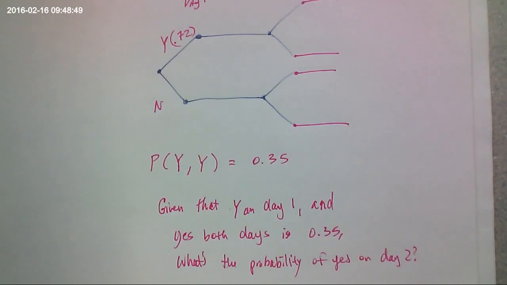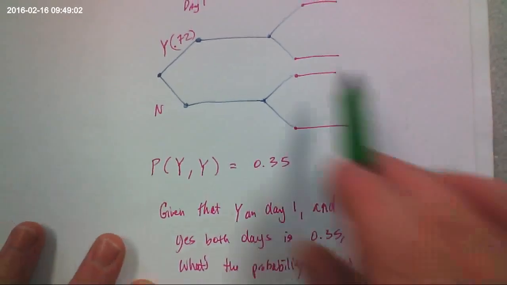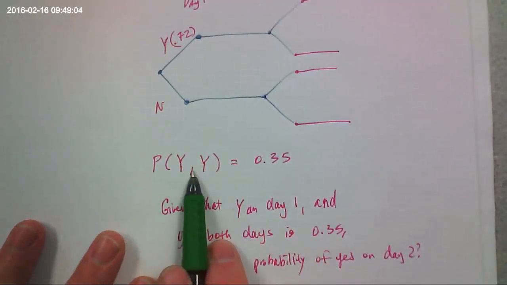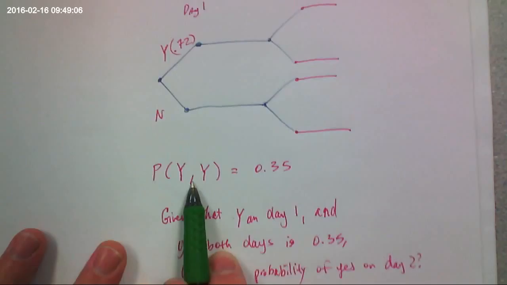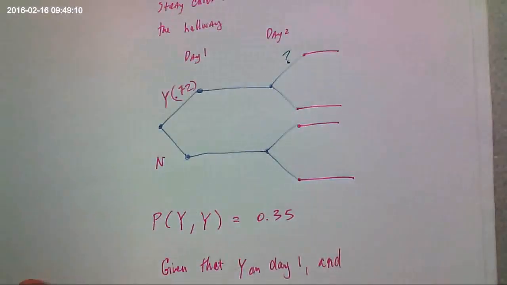Why is that? Because you do 0.72 times x, which is the probability of... So let's break that apart a little bit. He's mentioning that if we were going to figure out this probability right here, we would take this times this. Do you agree?